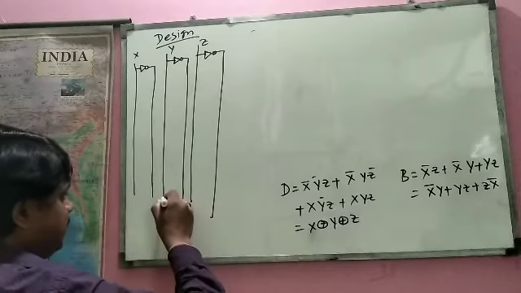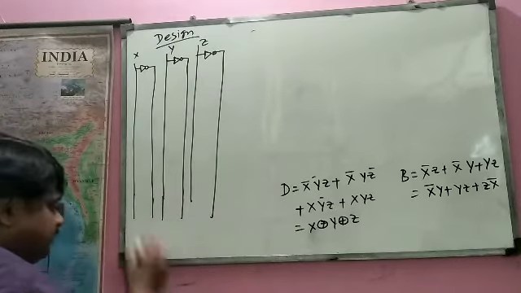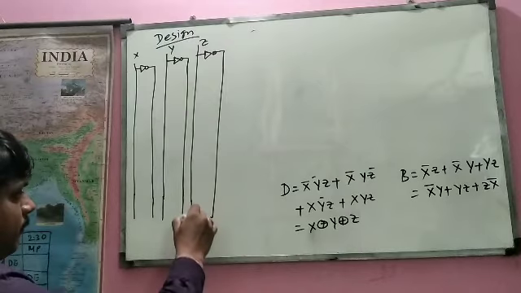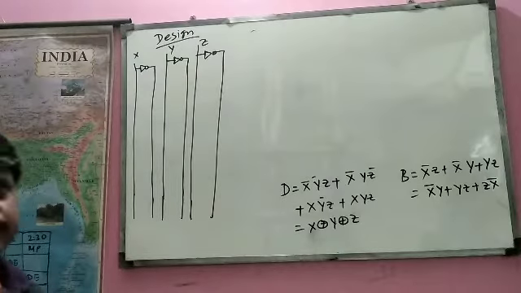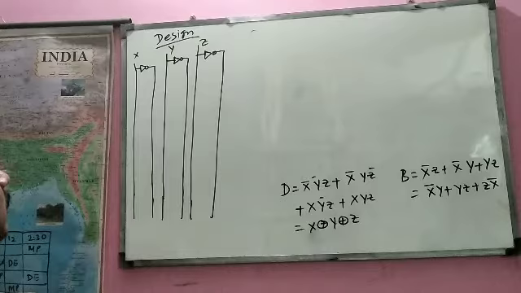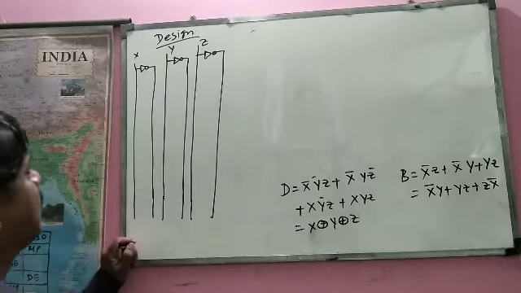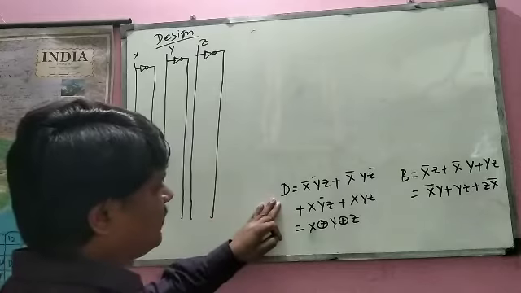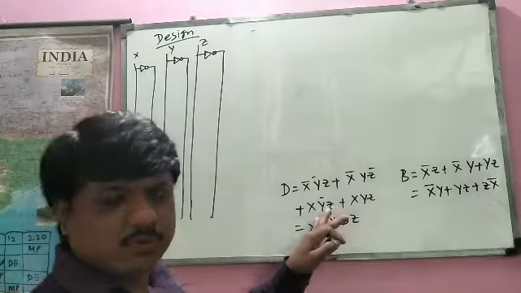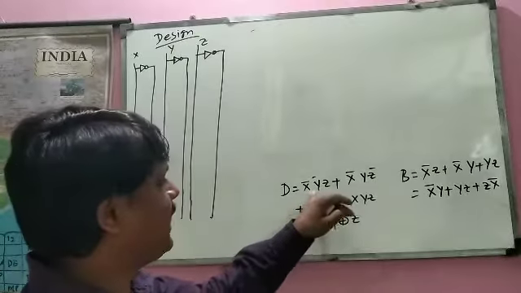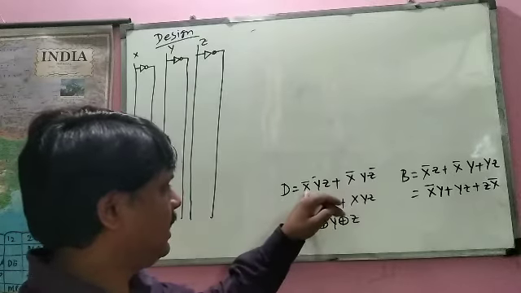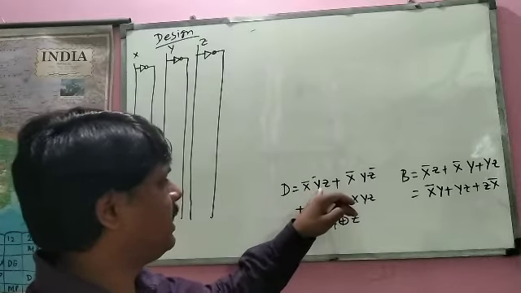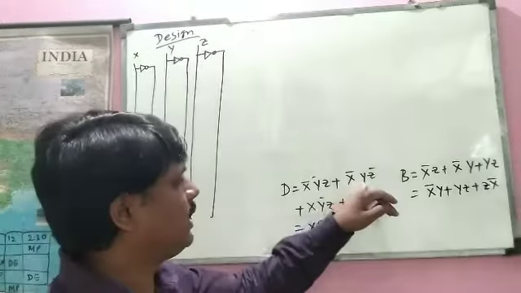That is very, very simple. Now for the difference we have four terms: X bar Y bar Z, X bar Y Z bar, and so on.